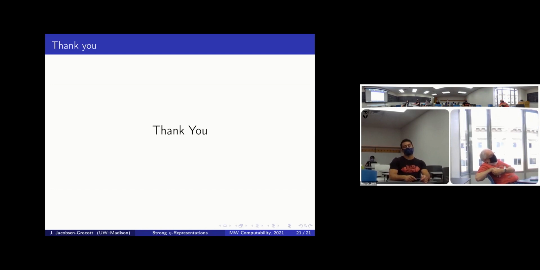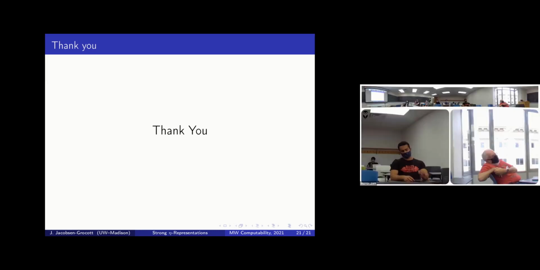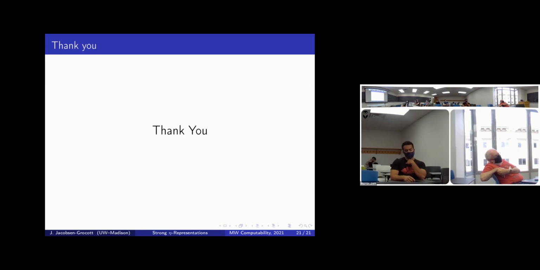This is what Josiah was studying, because that's where it came from. So I assume that what Richard is really looking for is a connection back to that. But there may be other applications too that I'm not aware of. I only know two applications in computable algebra, groups and linear orders. But there may be other areas.